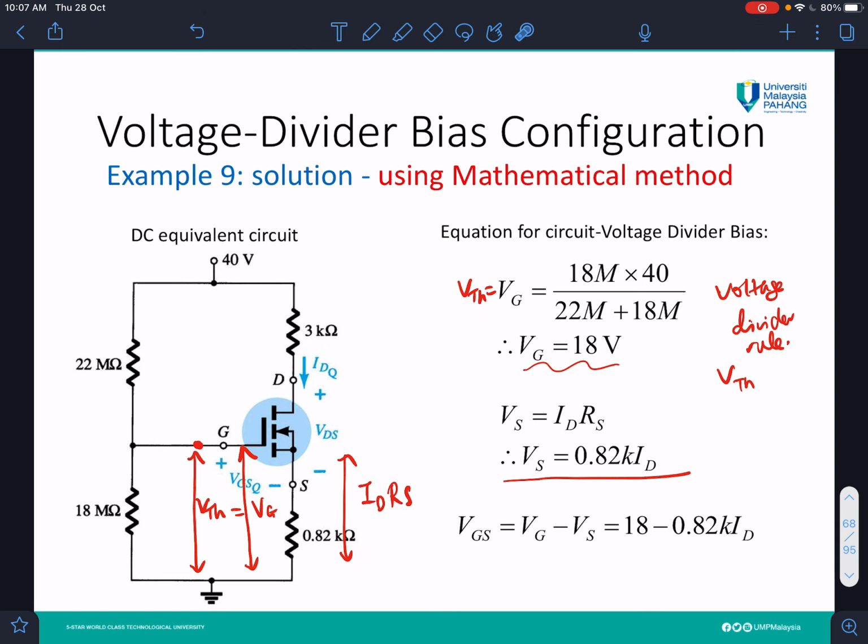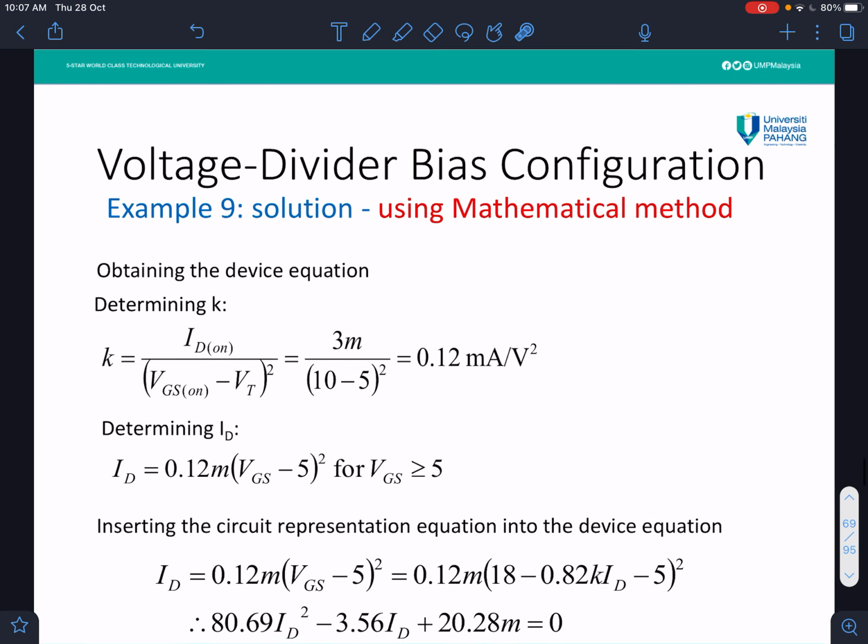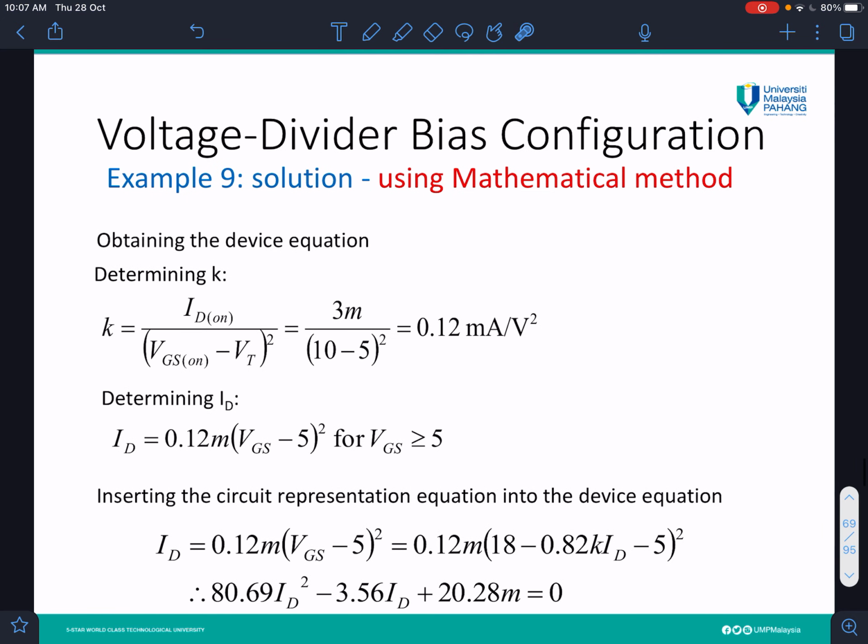Then we obtain the device equation. Calculate the K first. The formula for K is equal to ID on divided by VGS on minus VT, squared. And then we get 0.12 milli for K. Insert this into the ID equation, and this is the VT.